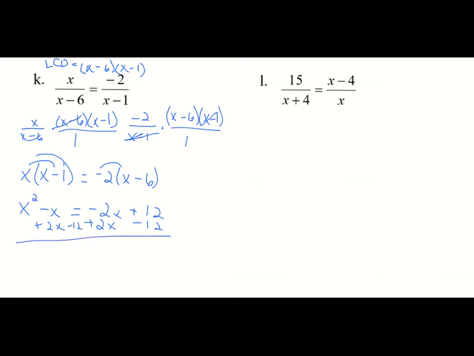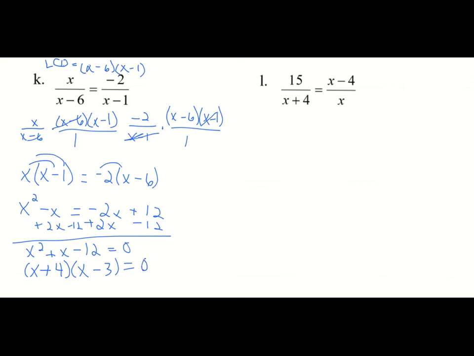So that's going to give me x squared plus x, because negative 1 plus 2 will give me 1, minus 12 equals 0. And when I factor this, for 12, I'll use 3 and 4, and 4 needs to be positive. So x plus 4, x minus 3 equals 0.